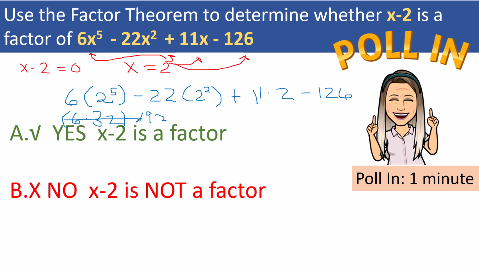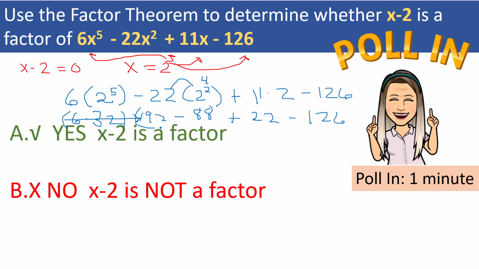So we simplified that. All right, minus 22 times 2 squared. 2 squared is 4, and 22 times 4 is 88. Plus 11 times 2 is 22, minus 126.